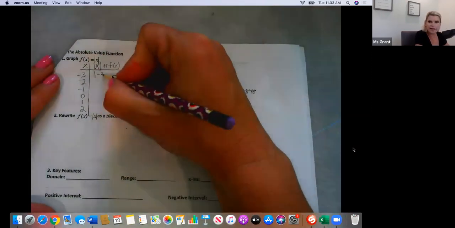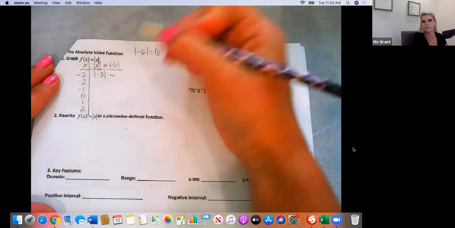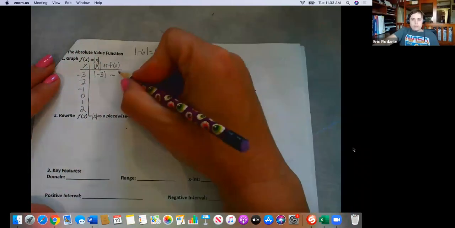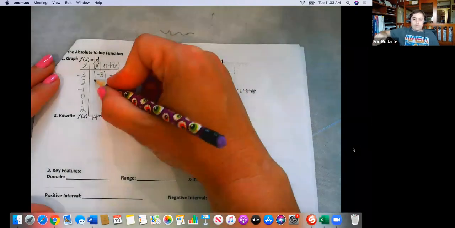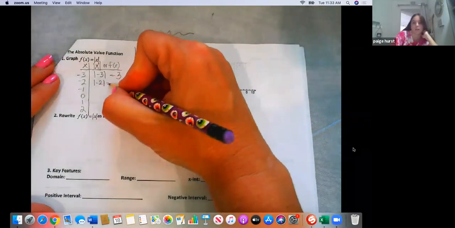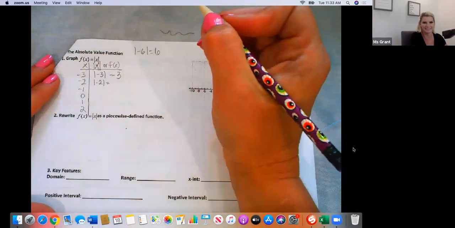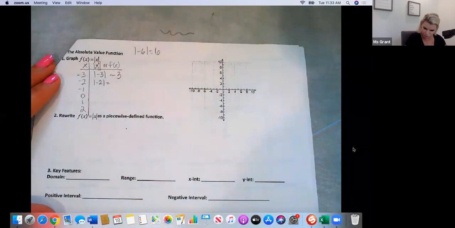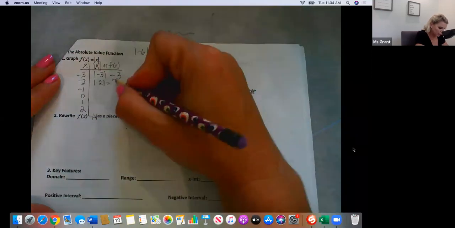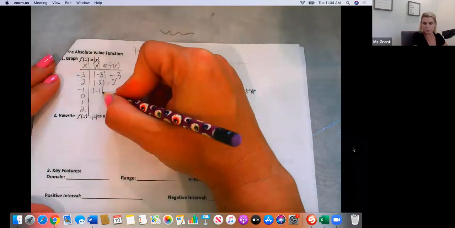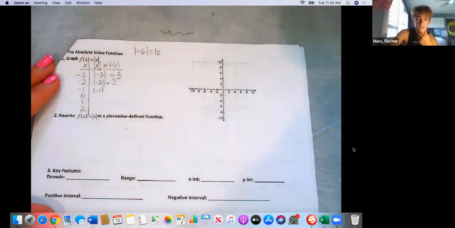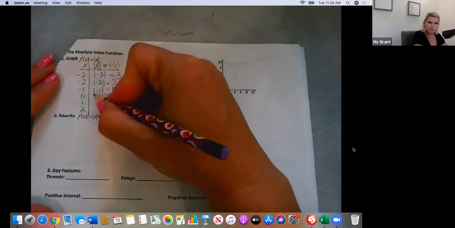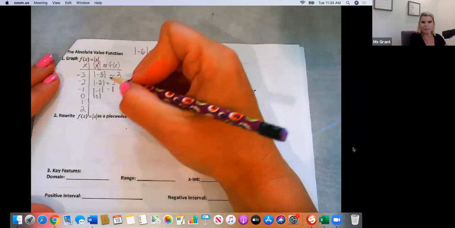The absolute value of -3 is, Paige: 3. Great. The absolute value of -2. Okay, great job. Kelsey: 2. The absolute value of -1. Kwong: 1.